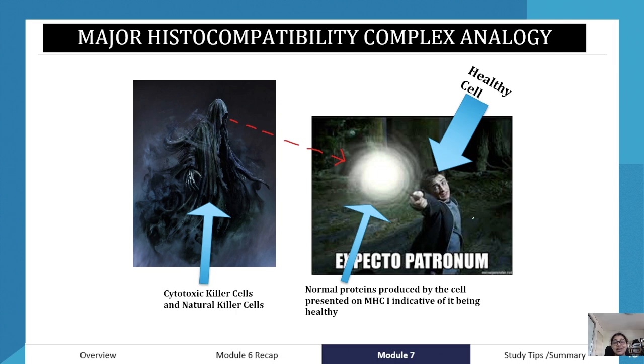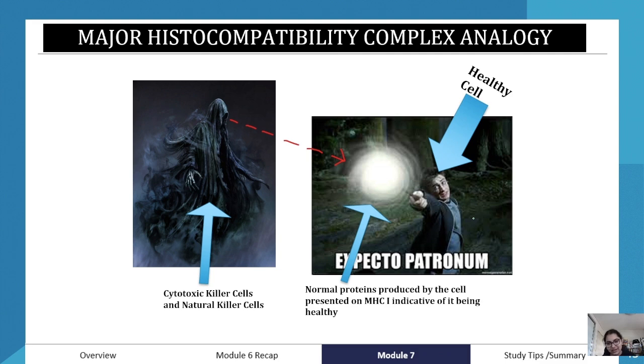So let's say that healthy cells are represented by Harry, and that Expecto Patronum, that Patronus, is the MHC, the cell showing the normal proteins being produced on the MHC1 to show that, hey, I am not the antigen presenting cell. I'm not the pathogen. Please let me go. That is what is happening here.